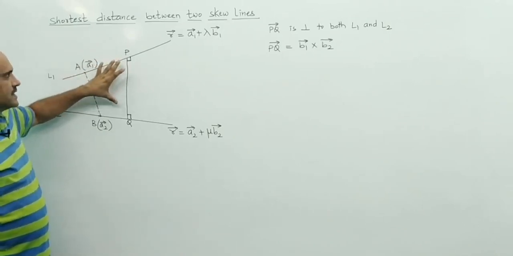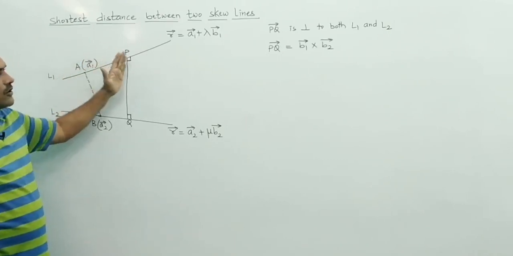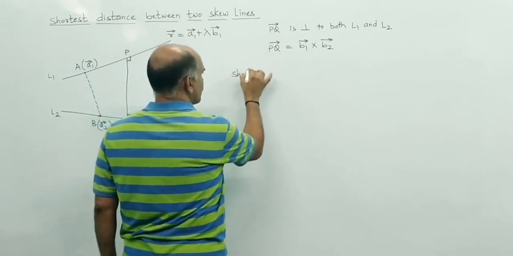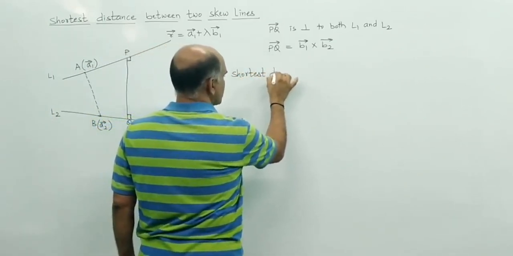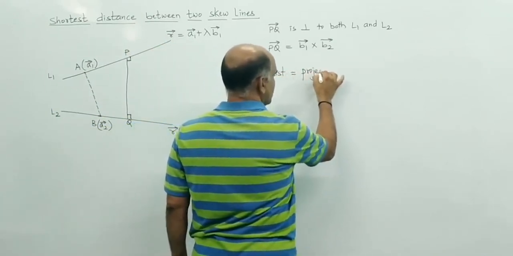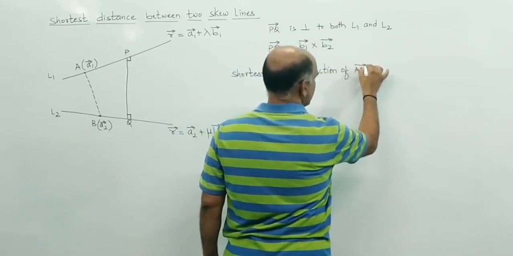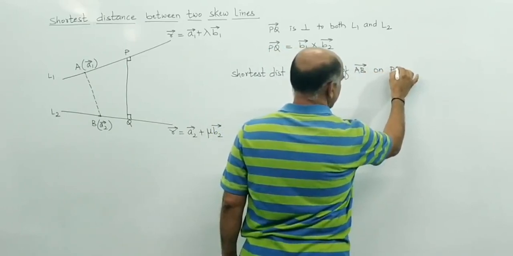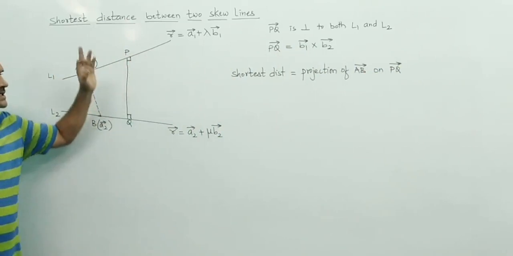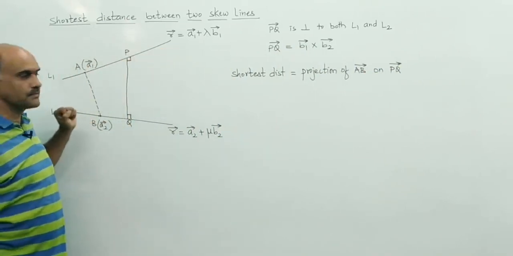Now shortest distance is nothing but a projection of AB on a line PQ. You are required to remember this: shortest distance is equal to projection of vector AB on vector PQ. So shortest distance between two skew lines is a projection of vector AB on vector PQ.